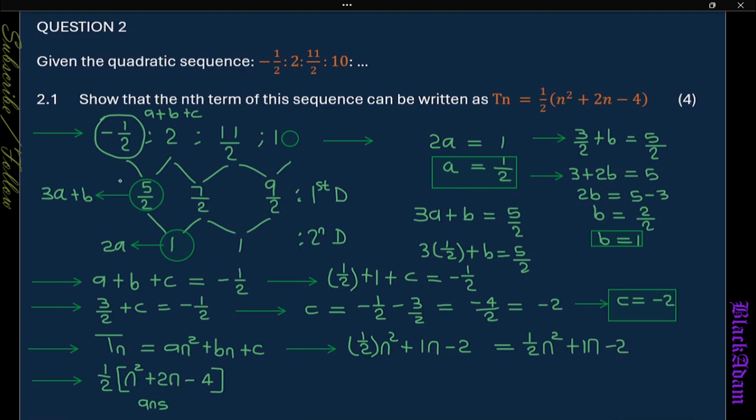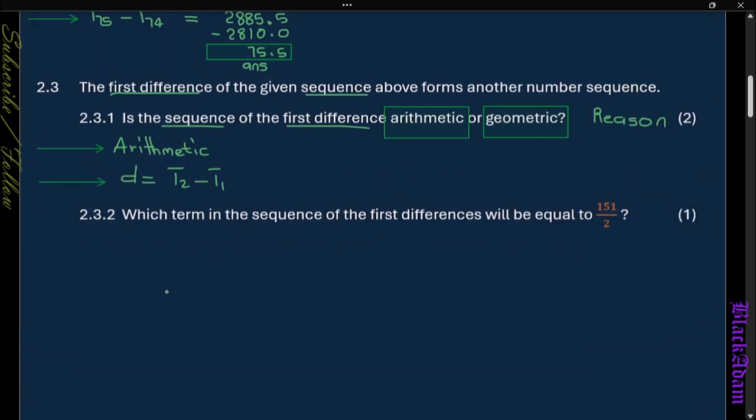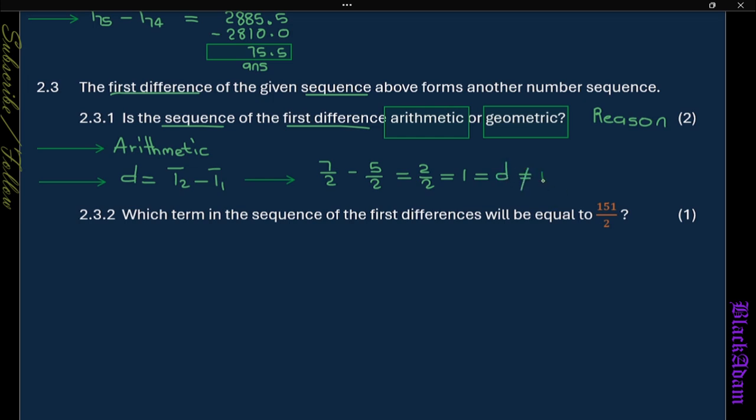T2 is 7 over 2, T1 is 5 over 2. So 7 over 2 minus 5 over 2 is 2 over 2, that's 1. So that's the common difference d. It's not a ratio. So that's our answer there, because we have a common difference. When you have a common difference, it's arithmetic.